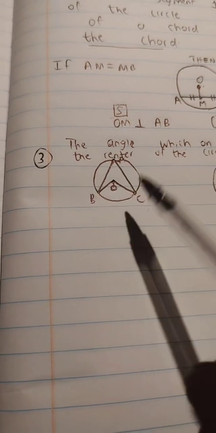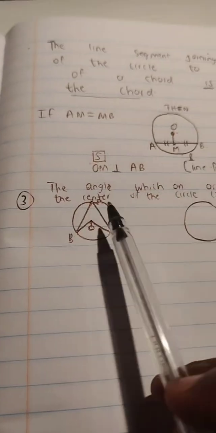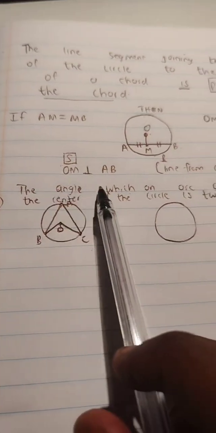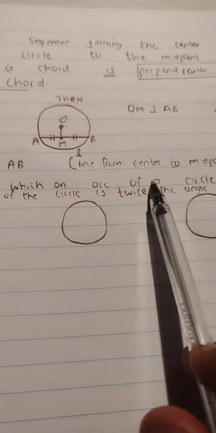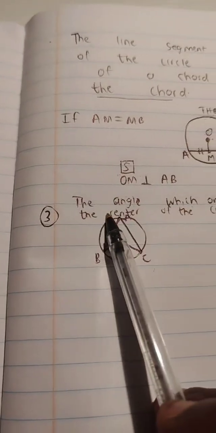BC is an arc, CA is an arc, AB is an arc. But here is the thing. They are saying the angle which an arc of a circle subtends at the center.